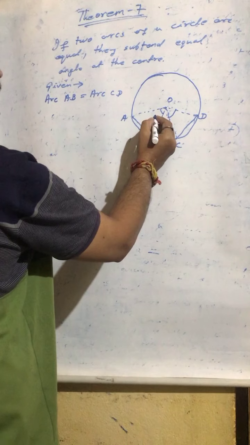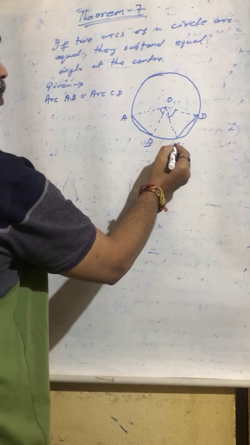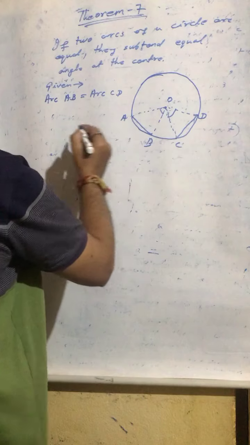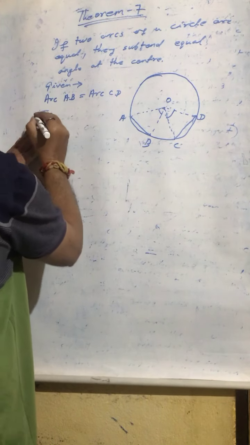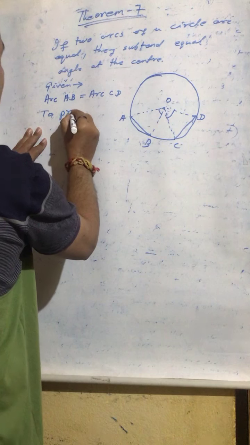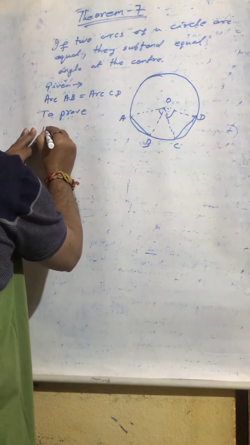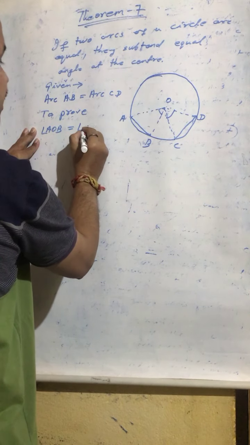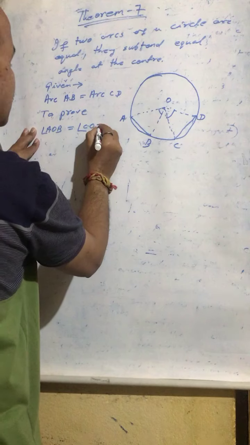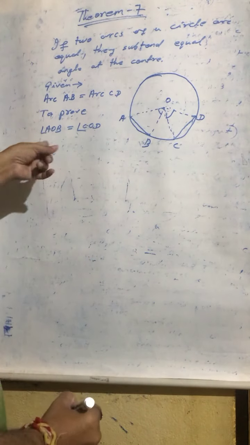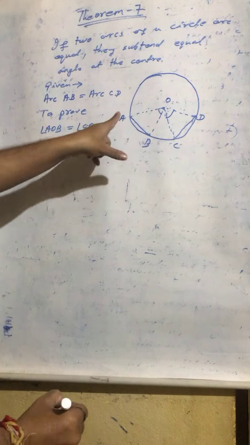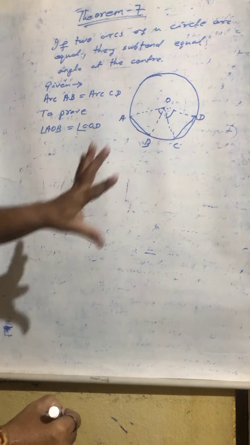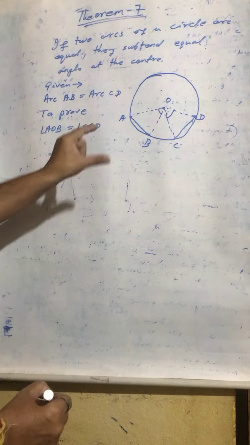And we have to prove that angle AOB is equal to angle COD. Previously it was given that the angles are equal, and we proved the arcs are equal. Now it is given that the arcs are equal.